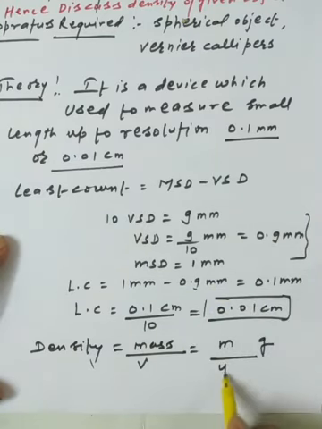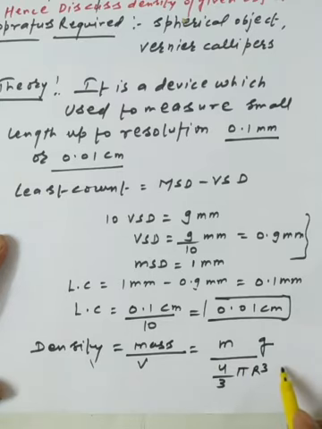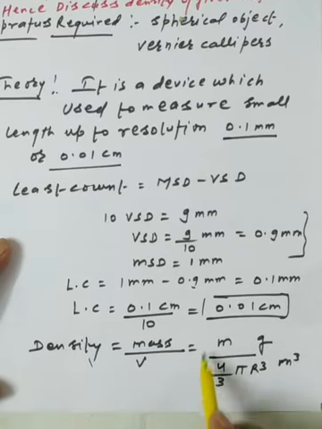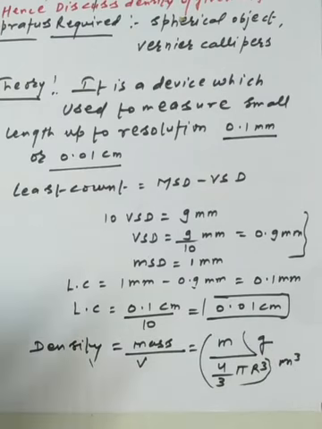And the volume can be specified as 4 by 3 pi r cube, suppose in meter cube. So I am also approaching the unit: mass upon volume, that is gram per meter cube. Okay, so this is the basic concept which I have used here.